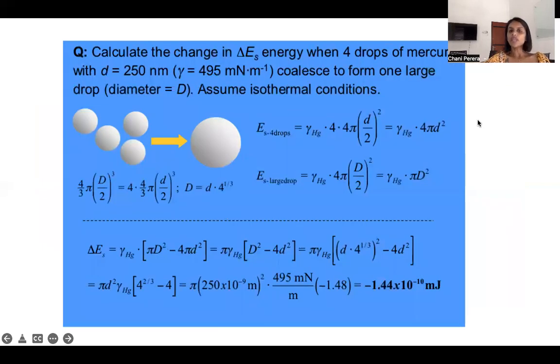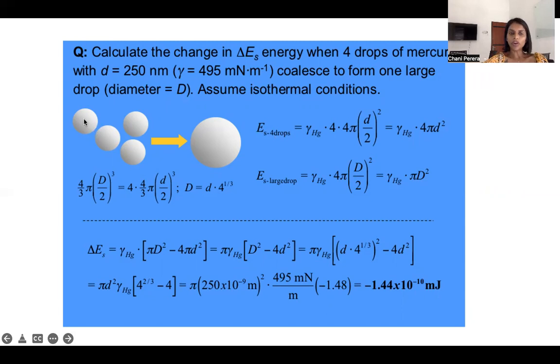So this is just a small exercise. You are asked to calculate the change in the surface free energy when 4 drops of mercury with diameter 250 nanometer, and you are given the gamma value for the mercury, coalesce to form one large drop with diameter capital D. If we assume isothermal conditions, then you can calculate the surface energy for the 4 drops.